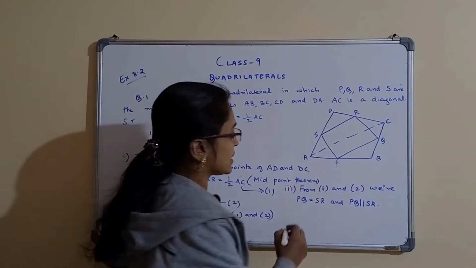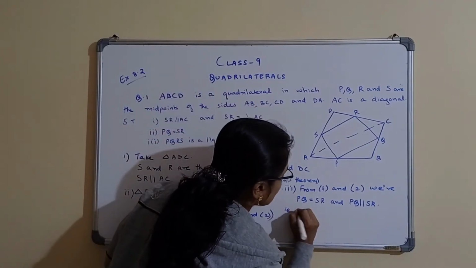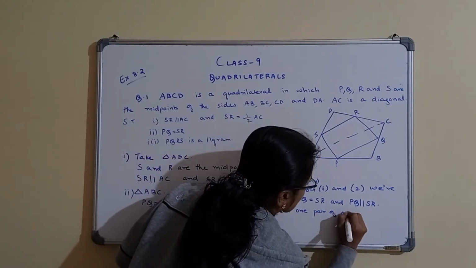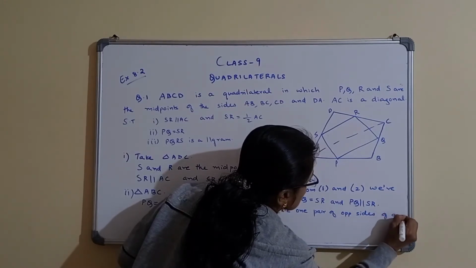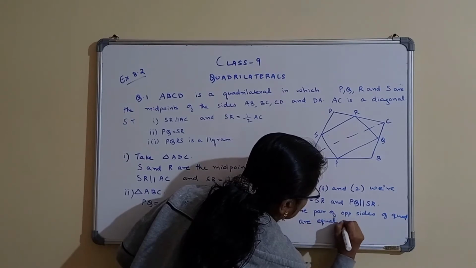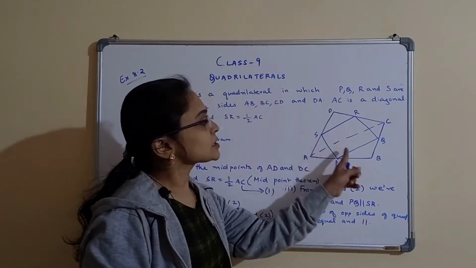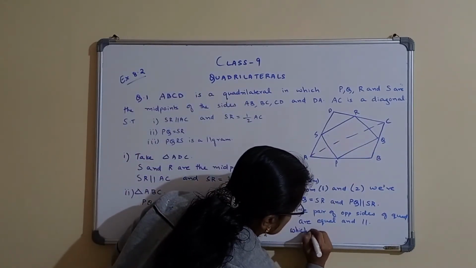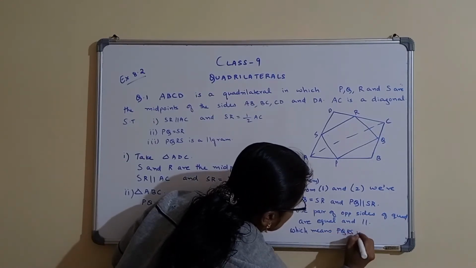And from that we can say that one pair of opposite sides of a quadrilateral are equal and parallel, which means this PQRS is a parallelogram.